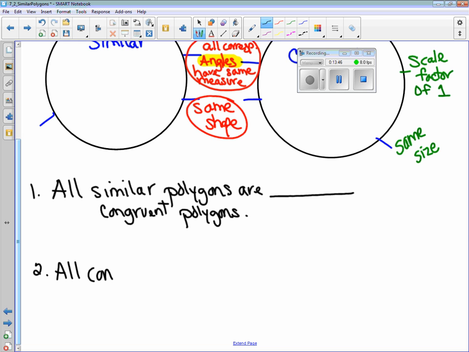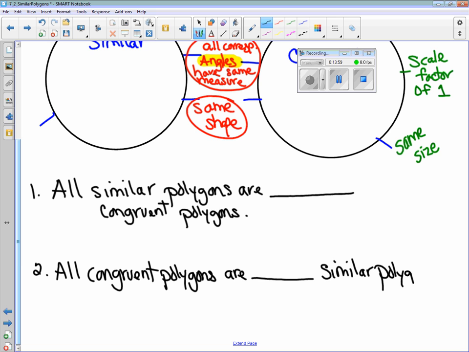All congruent polygons are blank similar polygons. I want us to fill in those blanks with the words sometimes, always, or never. I want you to think about it for a minute before we get the answer. So write them down, and in the blanks, fill in sometimes, always, or never.